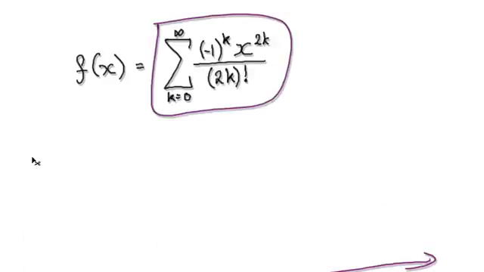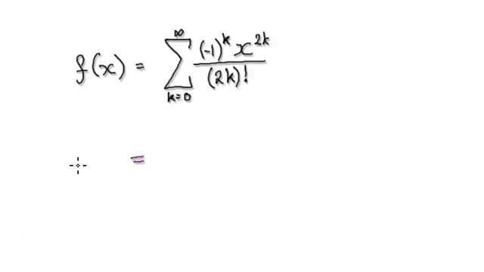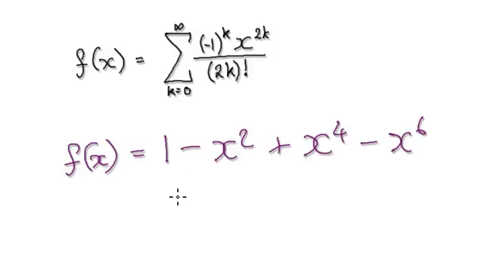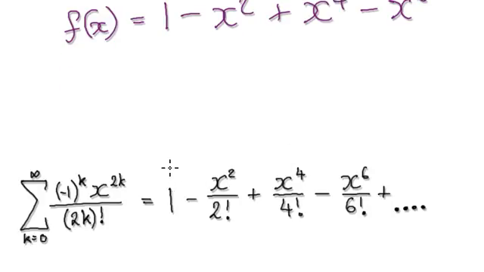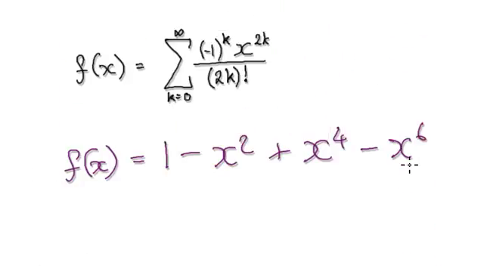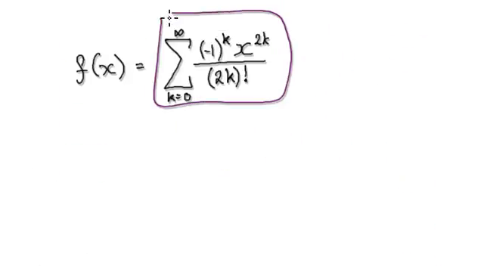So you're okay if I were to say, let a function be 1 minus x squared plus x to the power of 4 minus. You see, you're okay with this. So the point here is that you can define a function by this series here.